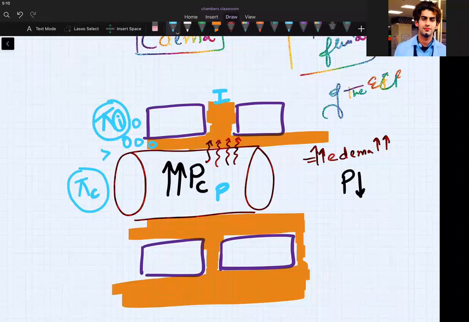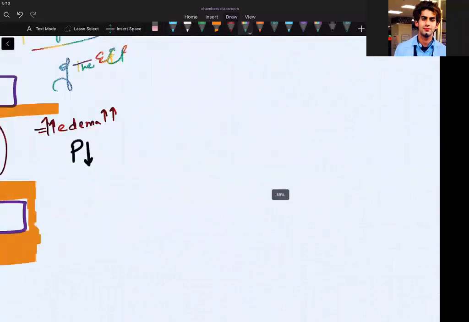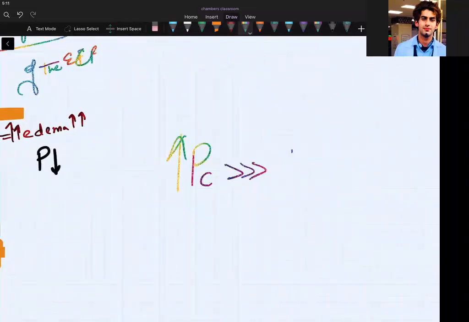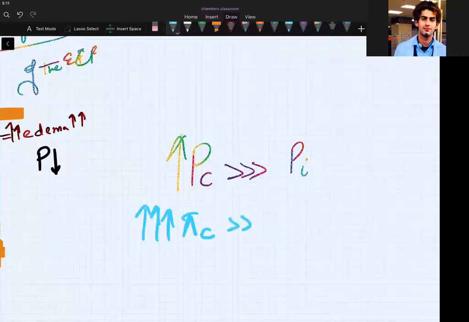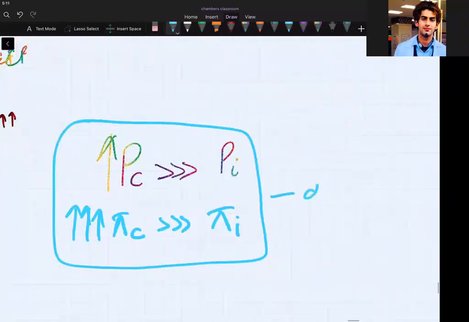Now, can I say as combined, if my capillary hydrostatic pressure is becoming higher than the interstitial hydrostatic pressure, and my oncotic pressure of the capillary is becoming higher than the oncotic pressure in the interstitium, can I say these two combinations will cause definitely edema? Definitely together.